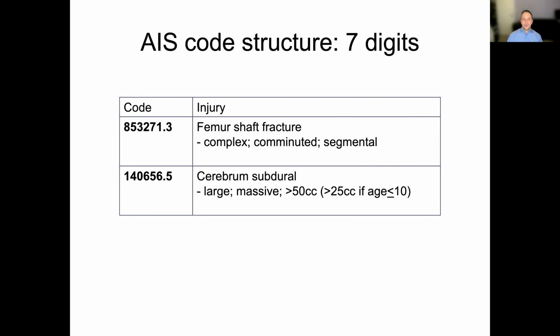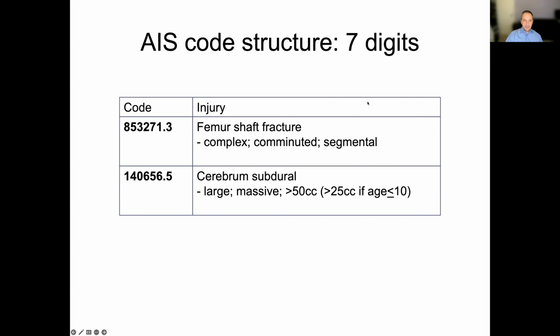And then the second example is a subdural hemorrhage of the cerebrum, of the main part of the brain. Large, massive, greater than 50 cc's or milliliters, or greater than 25 cc's if the age is less than or equal to 10. And so you can see here, it's a 7-digit code.